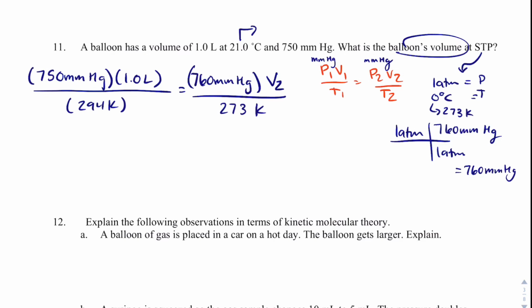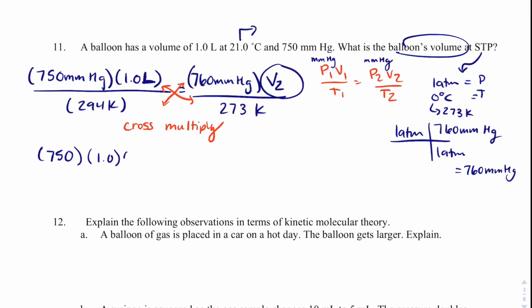And most people really set this up just fine. It's the math that sometimes gets in the way. When we have fractions, those are kind of hard to work with sometimes. So my recommendation is just to cross multiply to get rid of fractions. And so when I do that, I'm going to get 750. I'm going to ignore units right now because when I solve for V2, if V1 was in liters, V2 needs to be in liters.